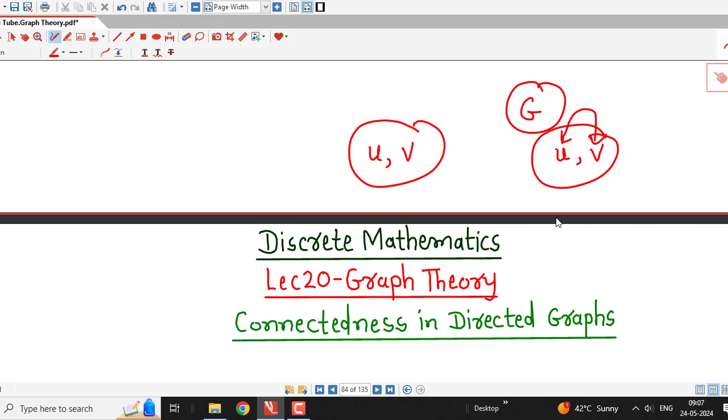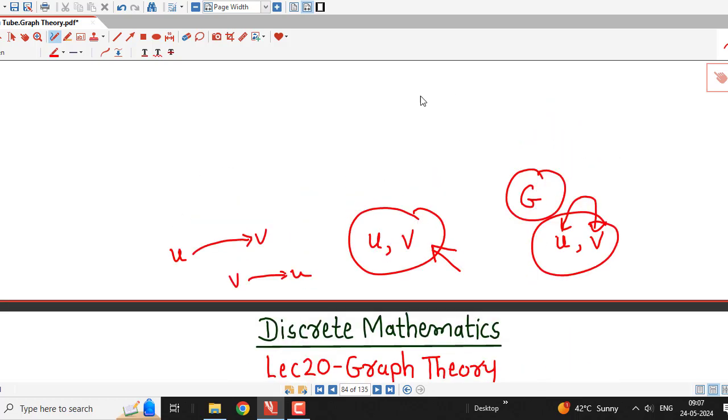But for directed graph, it is not necessary that if there is a path from U to V, then there is also a path from V to U. So for directed graph, the definitions are different for connectedness as compared to undirected graph.